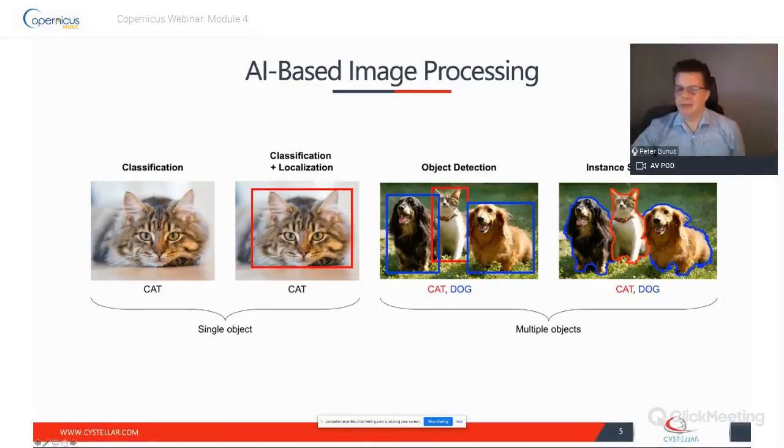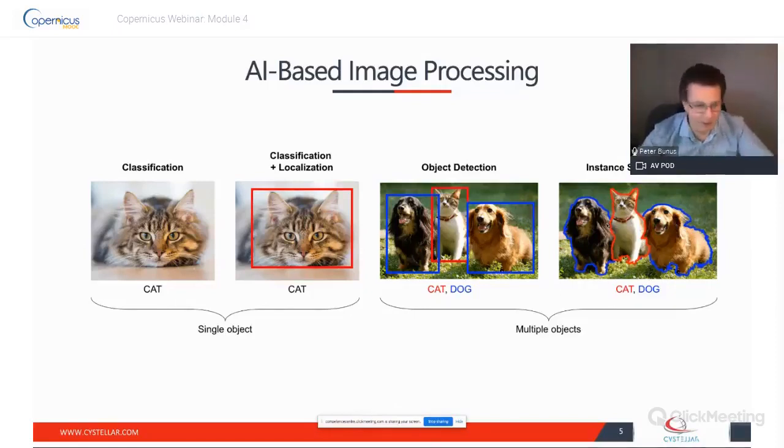But in certain cases, we want to go even further, to the pixel level, and categorize each pixel according to the category it belongs to. This is called instance segmentation, which is shown in the last picture. We are drawing a polygon very precisely around each cat and each dog to show where those animals are located in the picture.